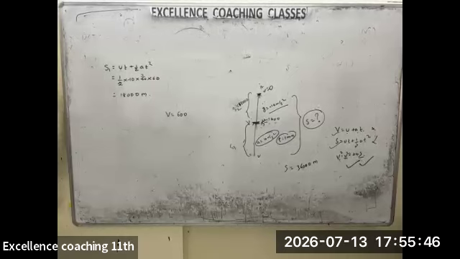The time taken by the ball to reach the ground is how much? Acceleration will be how much over here? Ball going upward. Minus j, no? Yes or no? Your options are given in terms of u and g. To solve it, which formula will you use? First one. V is equal to u plus at.